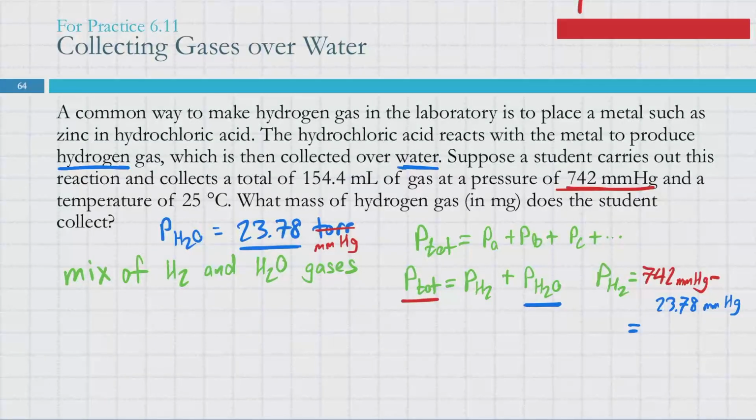So our partial pressure of hydrogen is 718.22 millimeters of mercury.